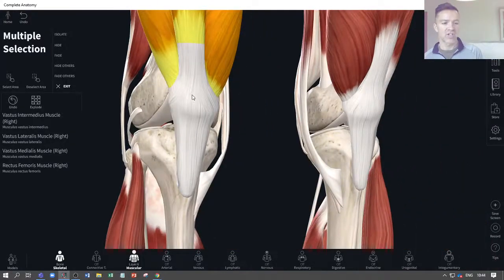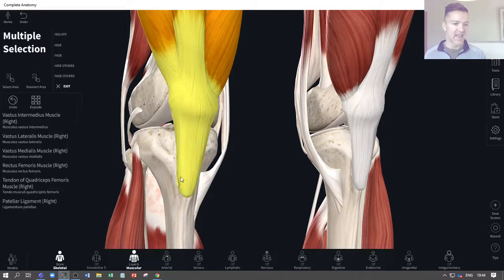So they converge together, and we've got this tendon here, which has its own name. But all of these four muscles converge on this one spot, and all their tendons join together to form this tendon of the quadriceps muscle, which is the specific name for the top portion of the tendon. And then below that, we've got the patellar ligament.